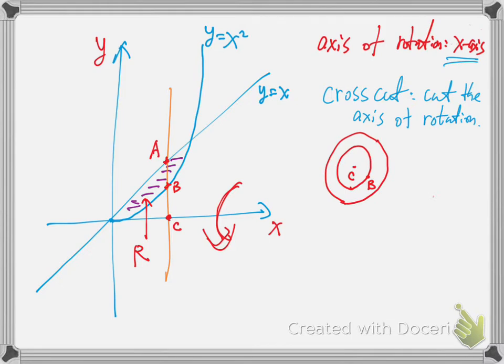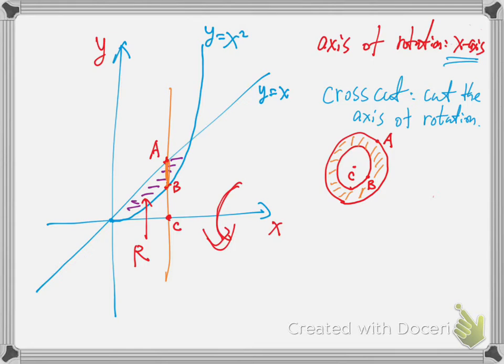The orange interval between them gives you this orange annulus. That's why C is important: it is the center, and since C is on the x-axis, C is not moving.